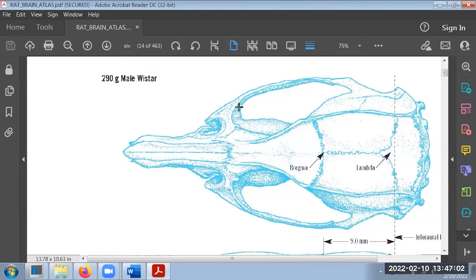It's kind of weird because we think about joints being flexible things, but this is one example in which bone connects to bone, but it's still not supposed to move. It doesn't move. So there is this separation of the plates right here. And we can use that in order to find our reference point for surgery.